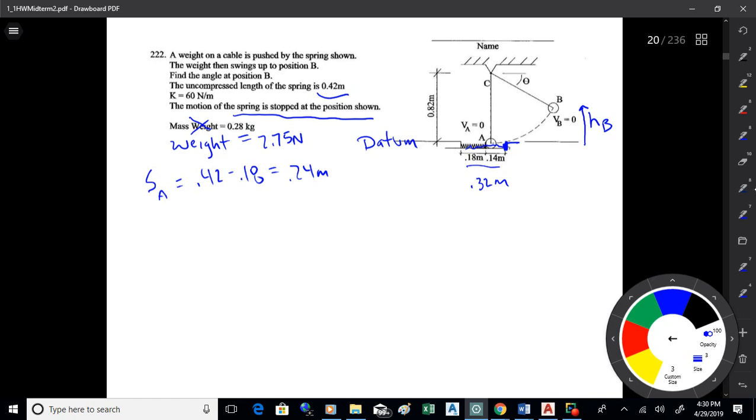So if you want to find the spring energy at A, what you're going to do is take 1/2 times K. Now what K is, it's given there, it's 60 newtons per meter. And then times 0.24 meters squared. Run that and you'll get the energy there. It's 1.73, and what energy is Newton meters.